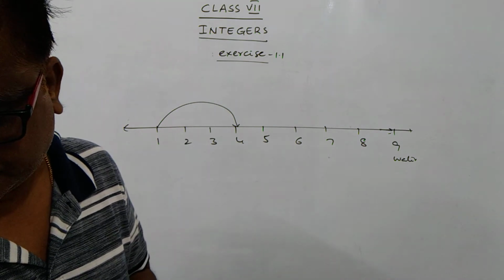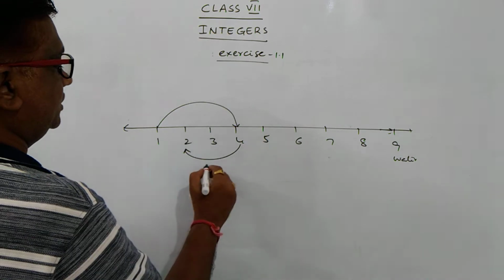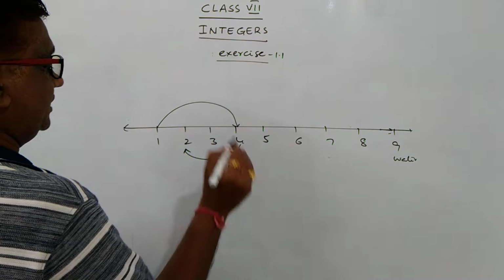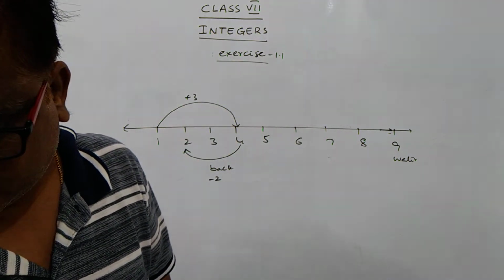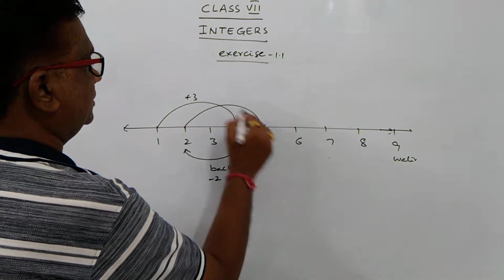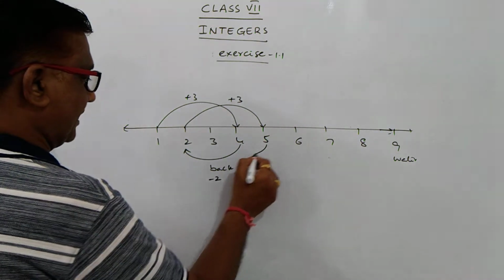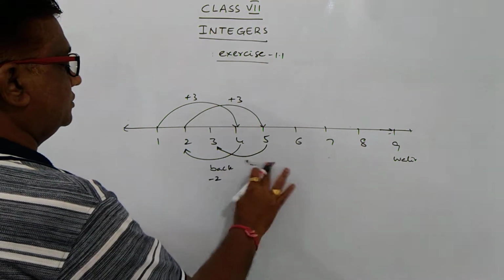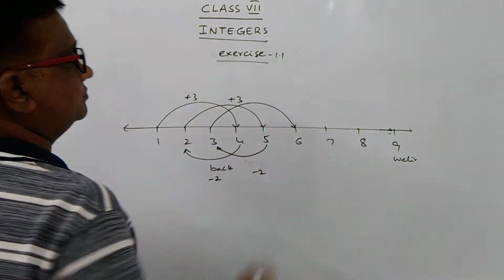Here 3 steps down and then jumps back 2 steps. So back 2 steps is minus 2, and this is plus 3. Again from step 2, 3 steps, it goes to 5. This is plus 3. Again 2 steps back, so minus 2. Again plus 3.